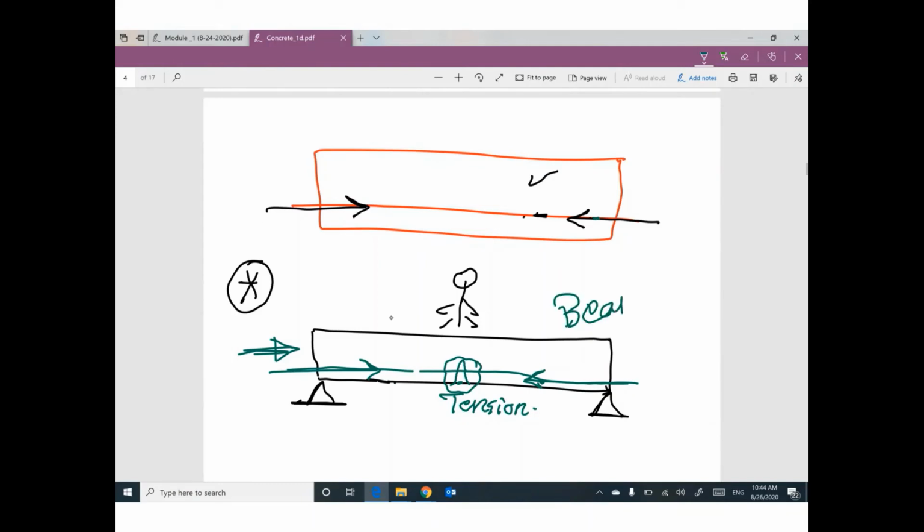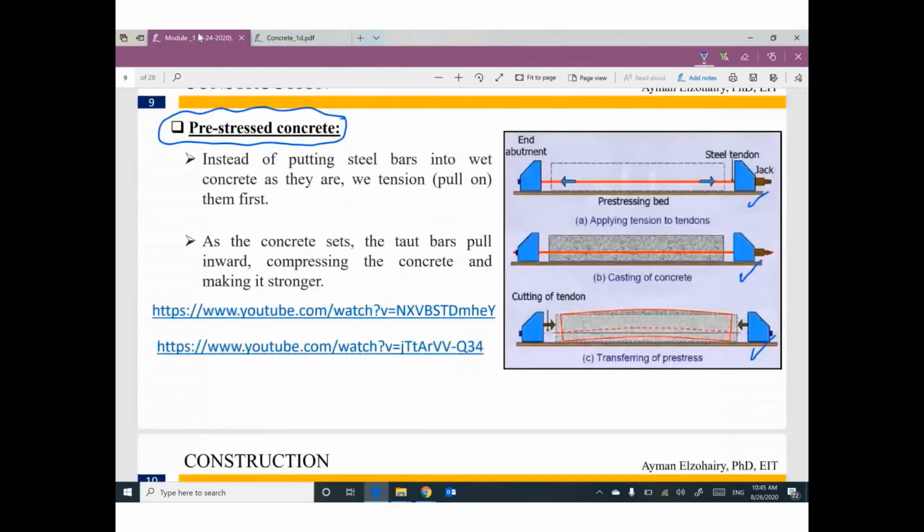This beam will support another person, probably many persons, because only one person breaks this beam without pre-stress. If you add pre-stress, that means you add compression, that means this crack will not happen, so you can add more people on the beam. This is the main idea of pre-stress. We will cover this later. What is the meaning of pre-stress, and how can we calculate how much force you need to pull the cable?